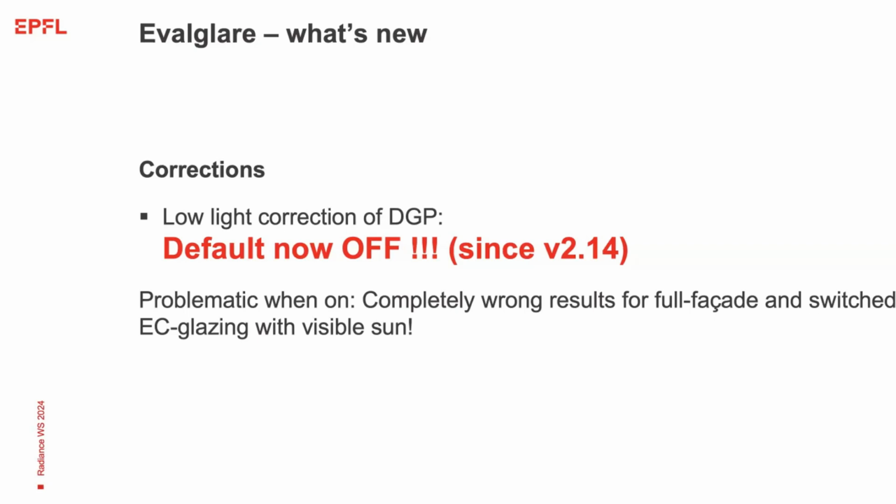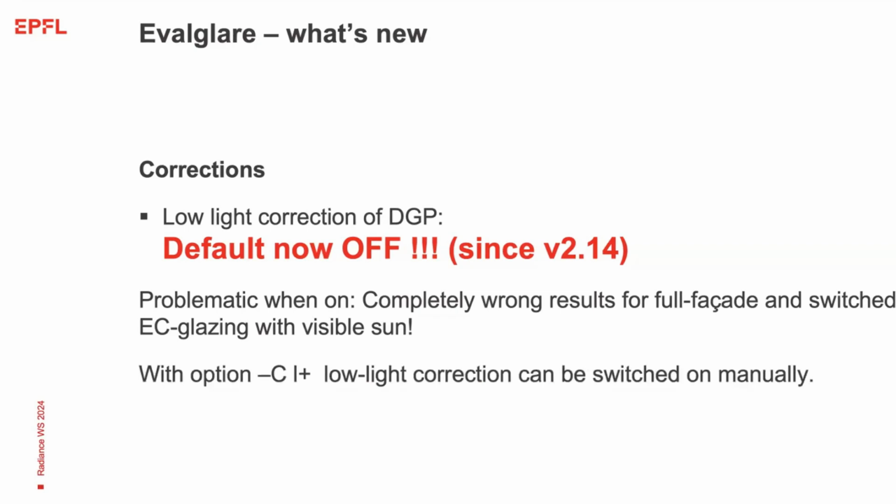too much, and the data that we had originally for this low light correction was not based on this kind of situation. And so that means for now we decided to turn this off, but there is an option to turn it on.